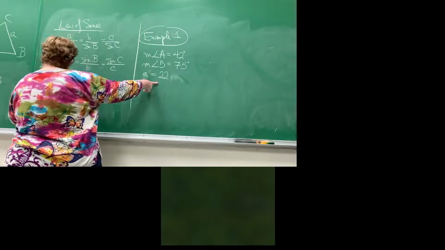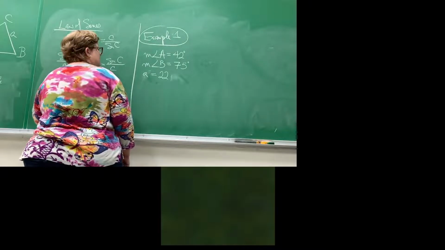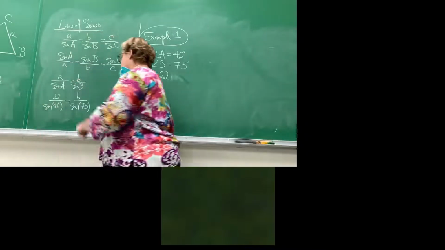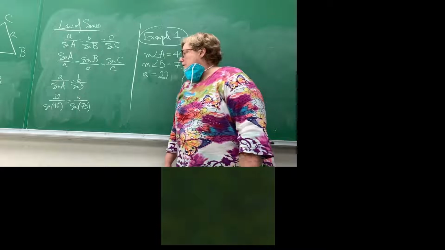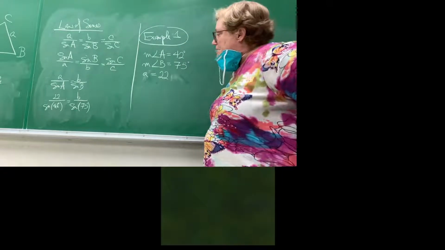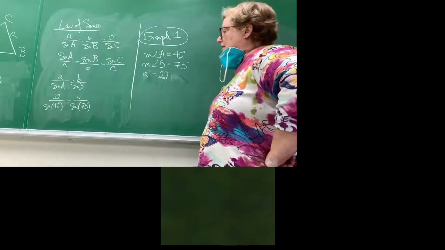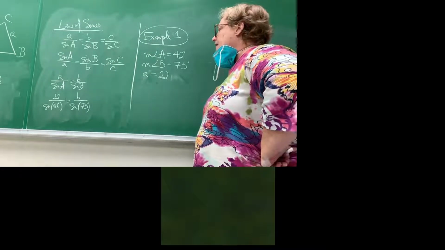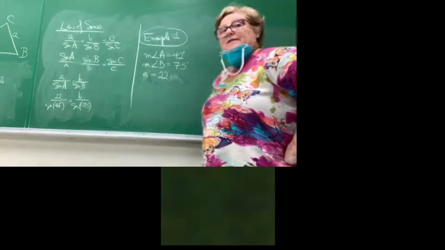So we've got 22 divided by the sine of 42 equals little b divided by the sine of 75. Let's go ahead and simplify this before we put numbers in, or before we evaluate these sines. How can I isolate B? What can I do to get B alone?